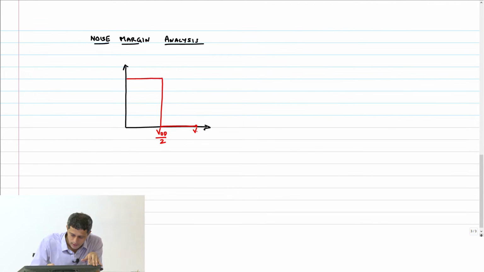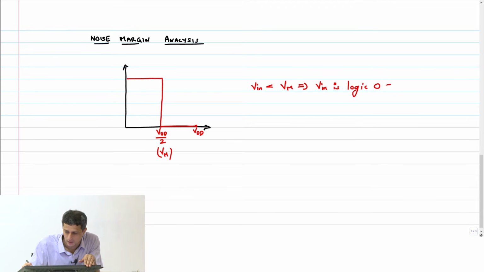So this is VDD. So it's very clear that if Vin is less than, let me call this the trip point Vm, Vin less than Vm implies Vin is logic 0, which implies Vout is logic 1.